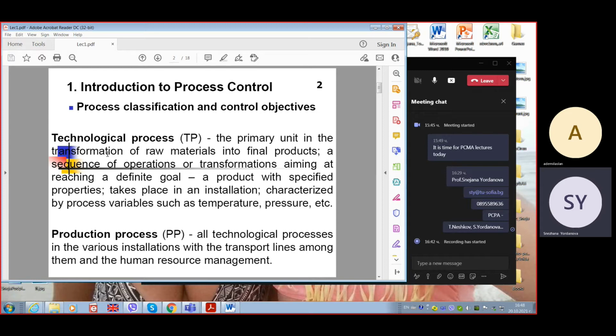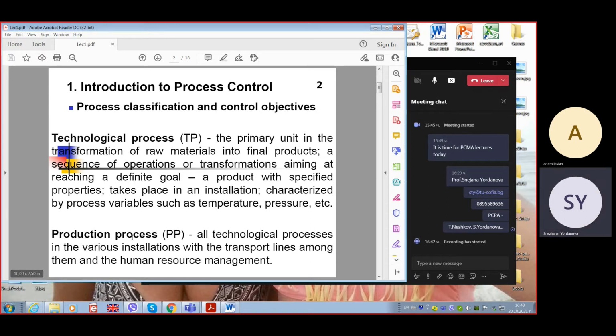So usually in an installation, one process takes place, but we have to synchronize the processing of this raw material through different machines or installations, and to consider transportation between machines, and also some economic and human resource issues, economic related to control of warehouse materials and of connection with market for selling ready product or for buying raw materials.